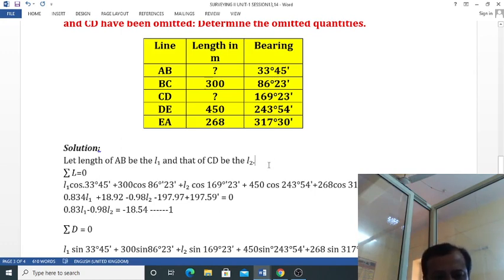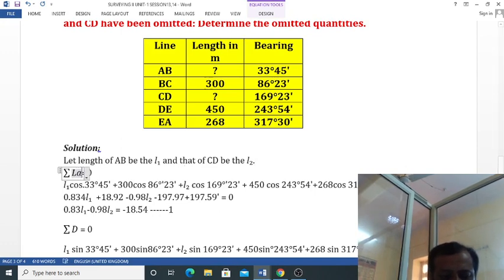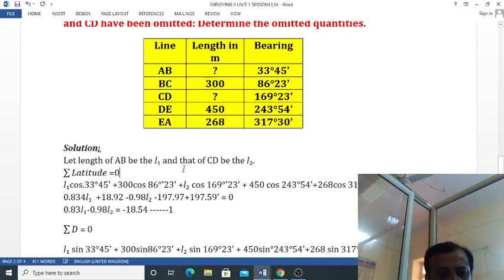Then I will apply the equation sigma L is equal to 0. What is sigma L? Algebraic sum of latitude is equal to 0.